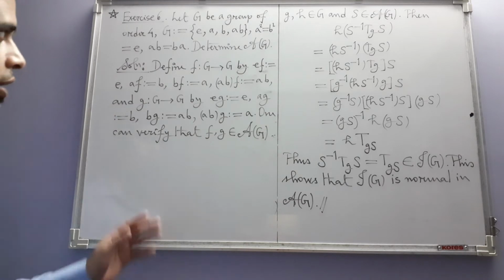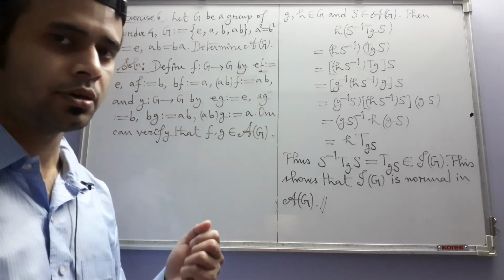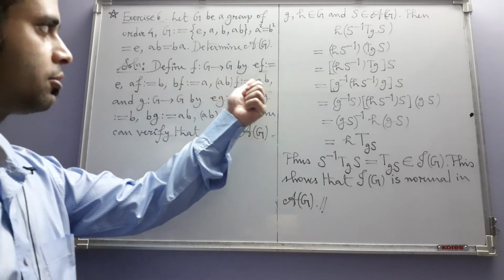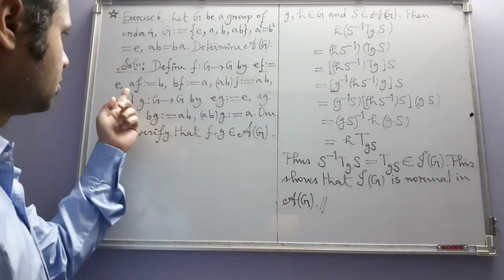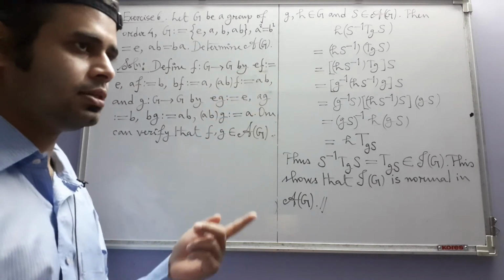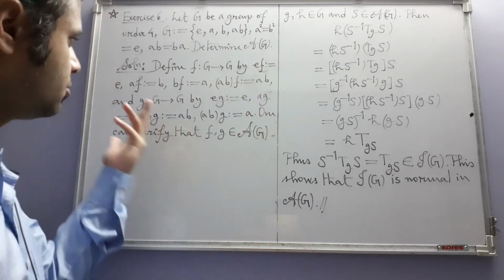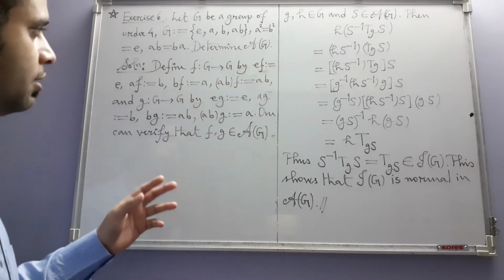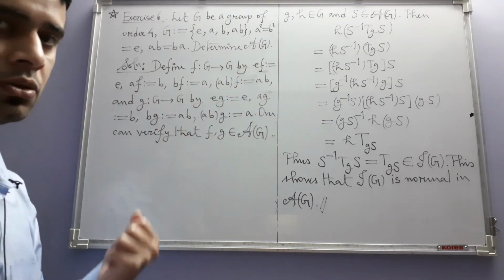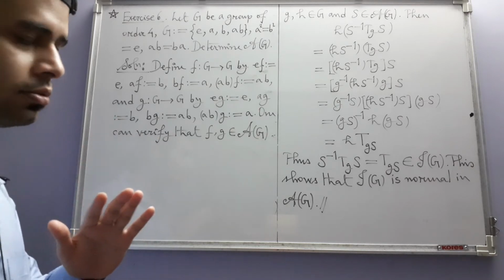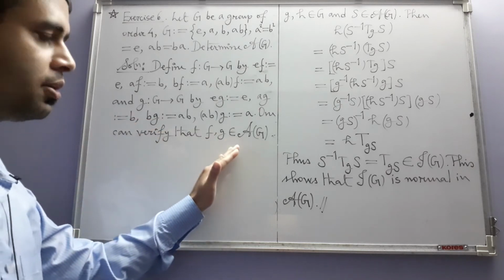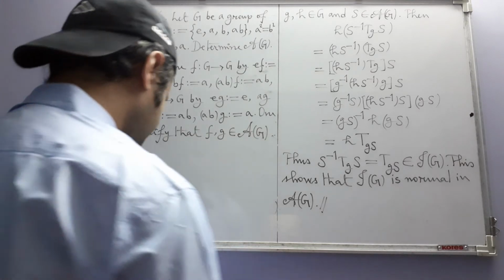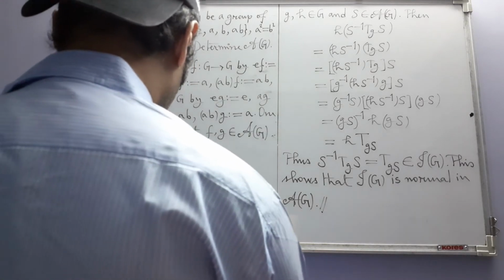That means F and G are automorphisms of G. For that, for example, if you want to show that F is an automorphism, first you show that F is one-to-one and onto, which you can see pretty easily from the definition of F. And then you have to show that F is a homomorphism. This is true, and this is also true for G. F and G are both automorphisms of G. Okay.